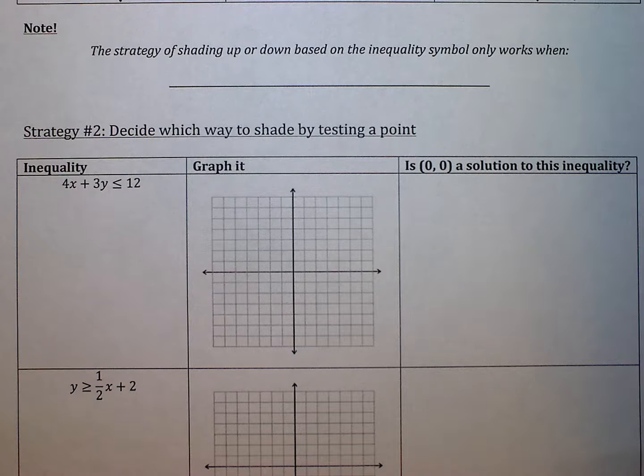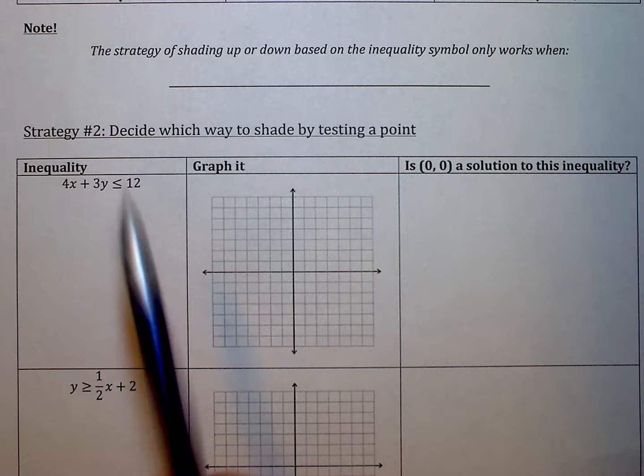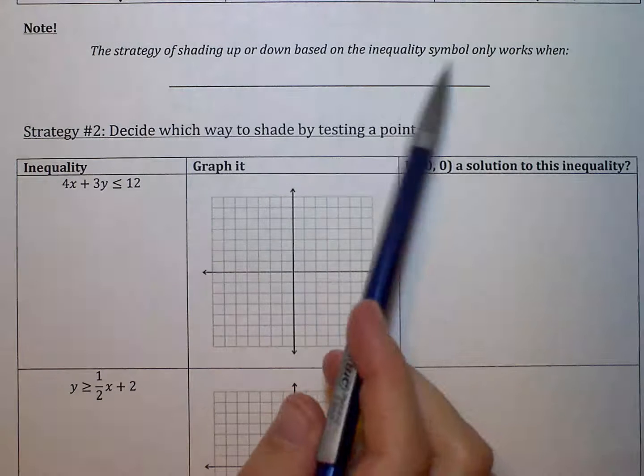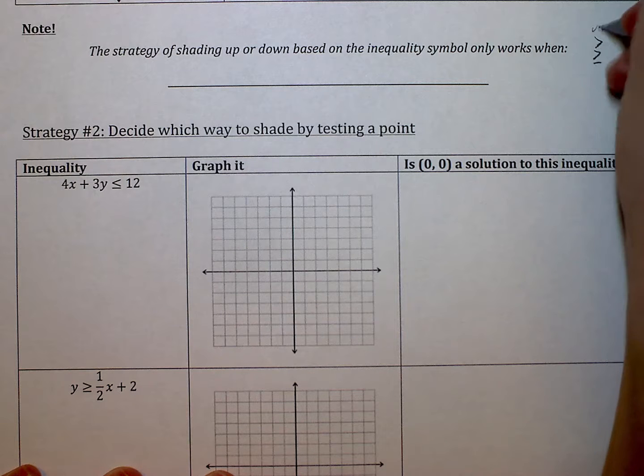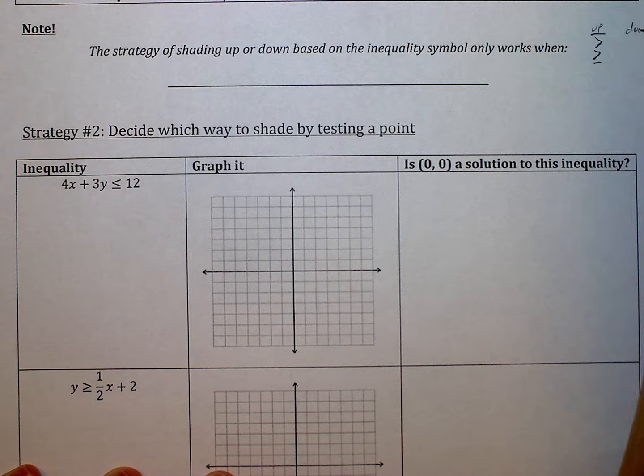So the way that we learned to graph inequalities, that strategy of shading up or down based on the inequality symbol, where I just look at the symbol and say, if it's this or this, I shade up, and if it's a less than sign, I shade down.